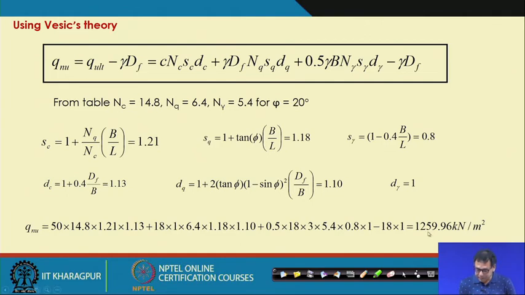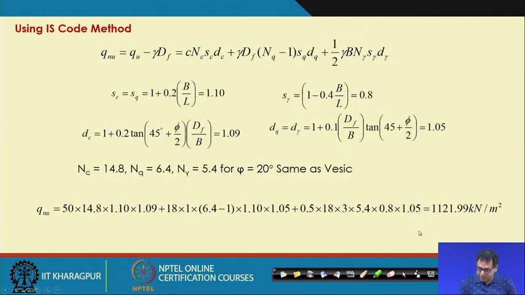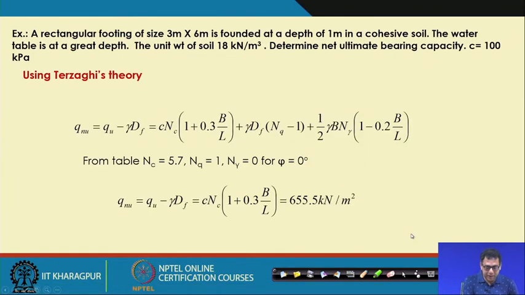Then these are the other values, and this is the IS code, where the actual condition is taken, and then the same problem I am solving with C equal to 100 kPa and phi equal to 0.